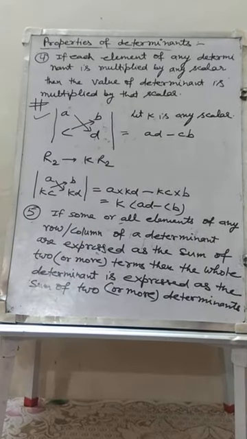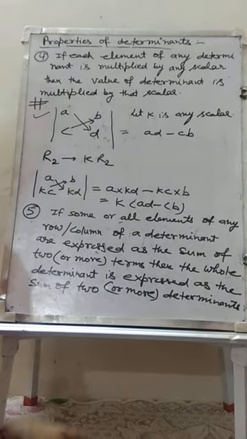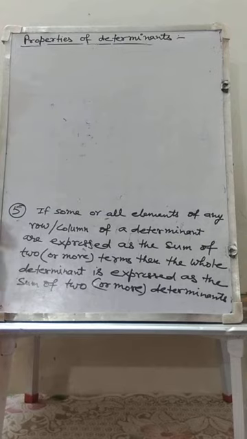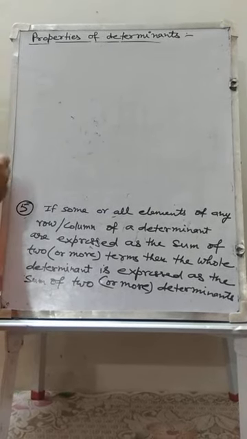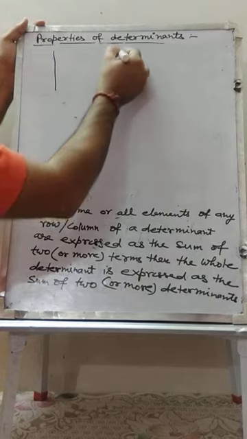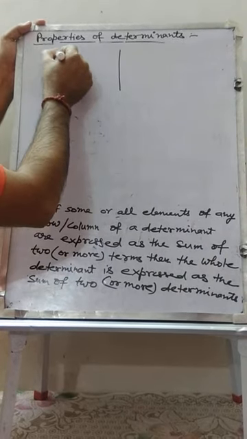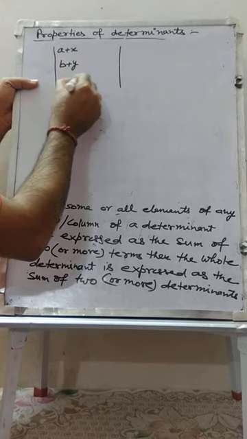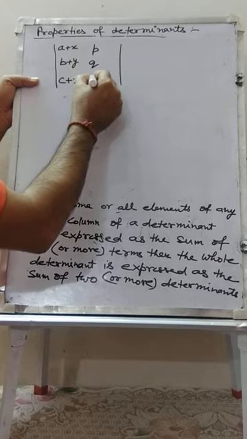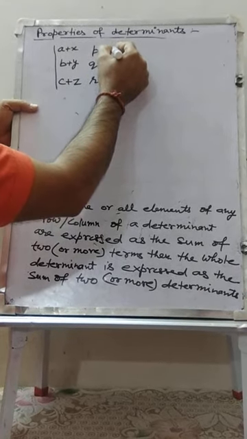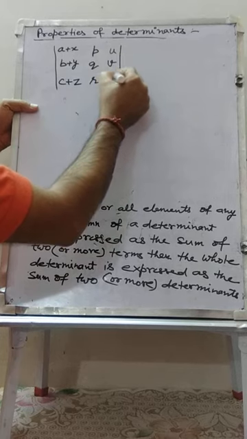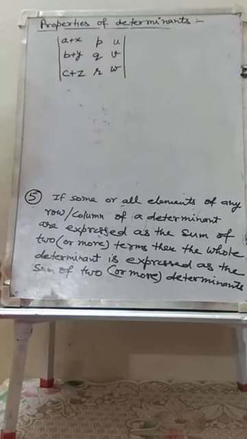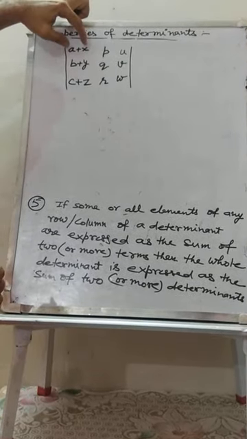Understand what this is. The determinant here is in the form a plus x, b plus y, c plus z, p, q, r and u, v, w. We see that the elements of the first column are the sum of two terms.